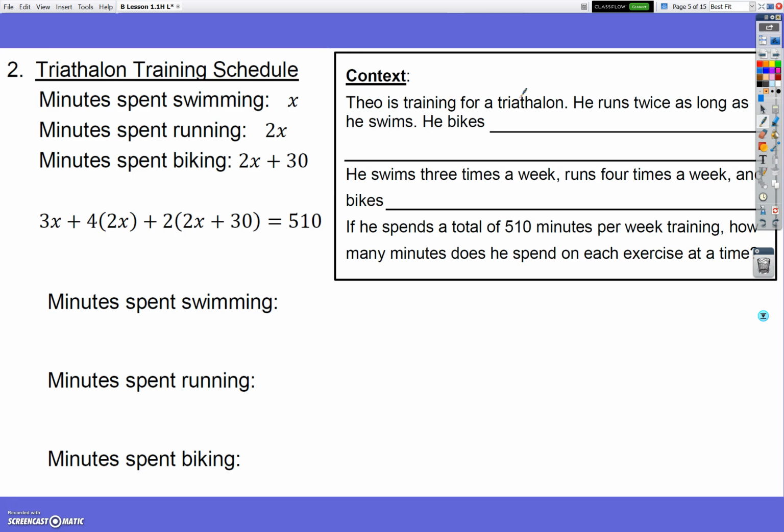Theo is training for a triathlon. He runs twice as long as he swims. So right there, they give you this part. He runs twice as much as he swims.